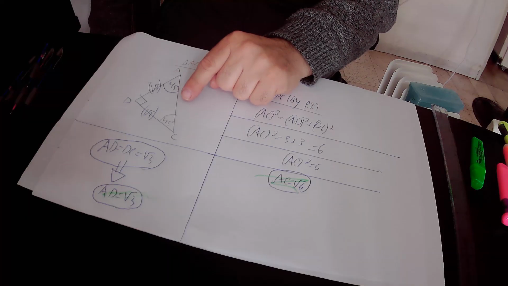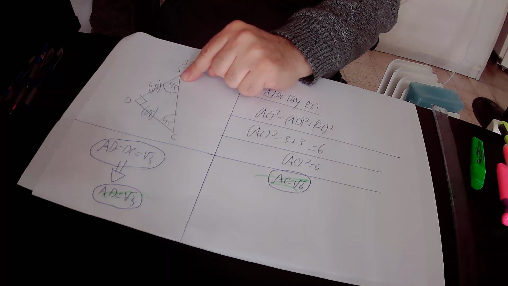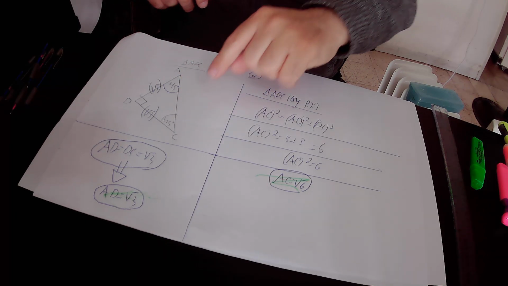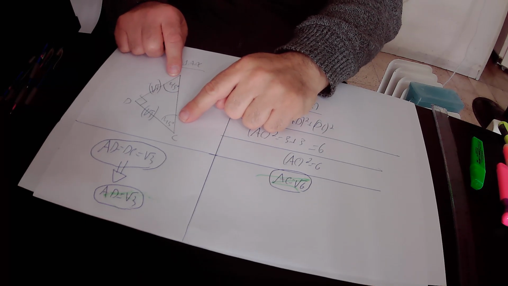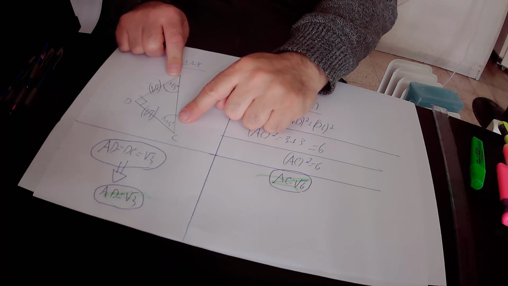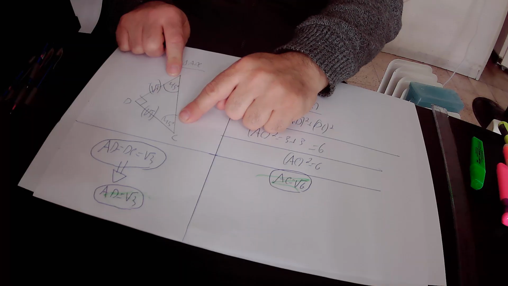To complete the sum of the angles to 180 degrees, the missing angle here must be equal to 45 degrees. So those two angles are equal to each other, and we have the rule that in front of equal angles in the triangle, there are equal sides.